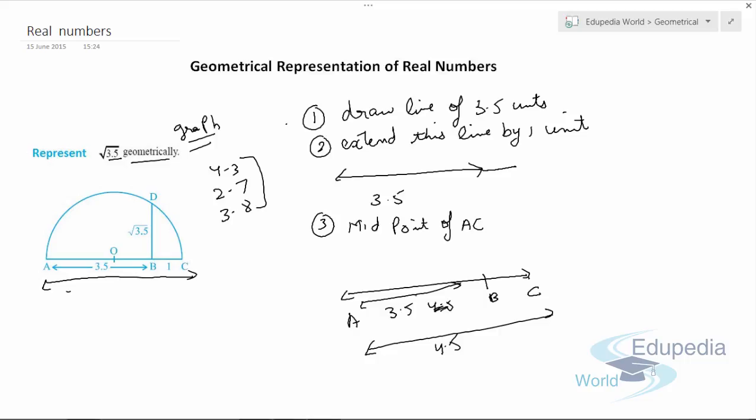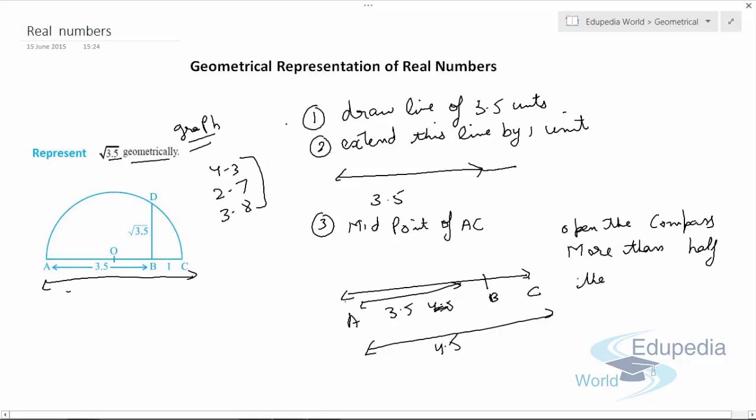We'll open the compass more than half the length of AC. Means we can open the compass till here.